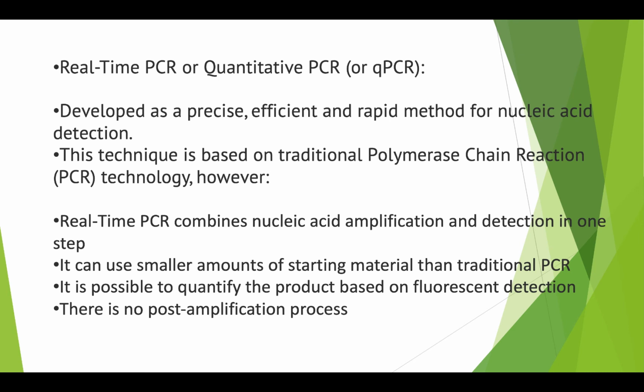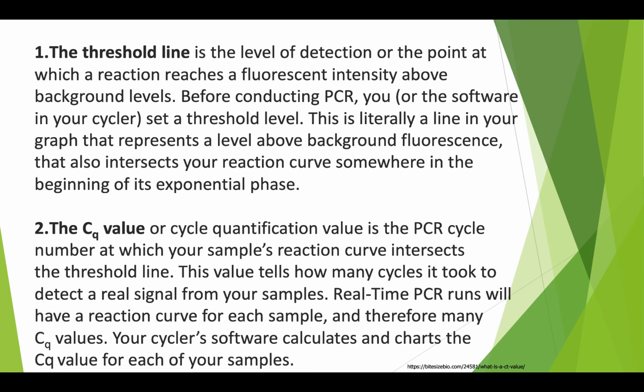Or, for example, in a criminal investigation, you don't know how much DNA is there, so sometimes you want to quantify this DNA. So it's possible to quantify the product based on fluorescent detection, and there is no processing after the amplification finishes. It will give you the detection right away. You will see this in the labs, God willing, if you work or look at it.